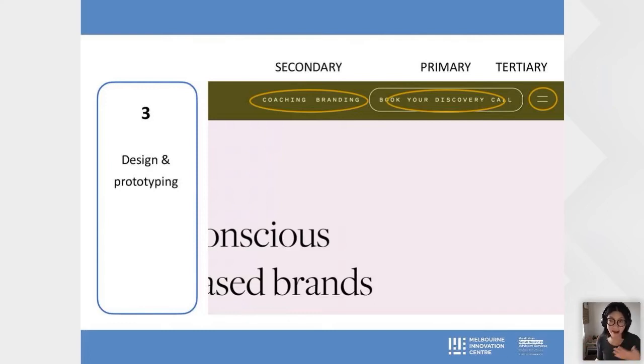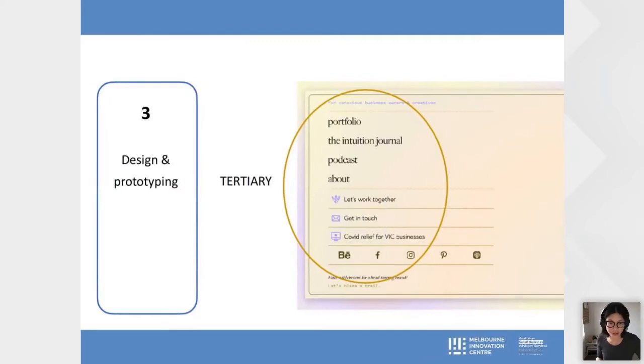I like hiding a lot of the other things that aren't really places where I want people to go. I know that I want people to look at my services and then book a call. So this is the tertiary menu. When people click on that hamburger icon, it slides out and shows the other information that I provide, or the other top links that people tend to click on.